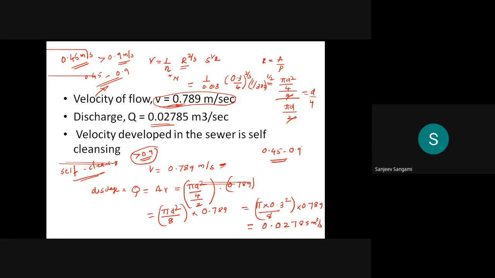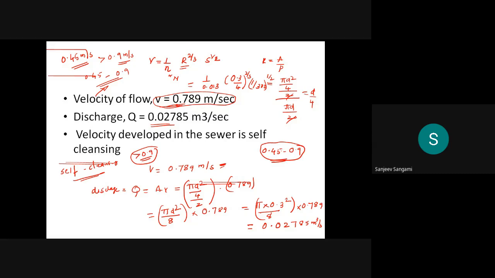This is the standard. If the velocity is in between these two, it is self-cleansing as well as non-scouring. Greater than 0.9, it is a scouring velocity, not a non-scouring velocity. So this is how we have to make some of the decisions based on the value which you have arrived at with these problems.